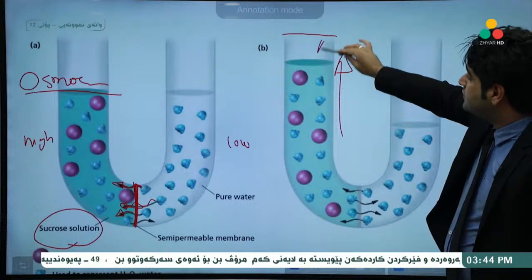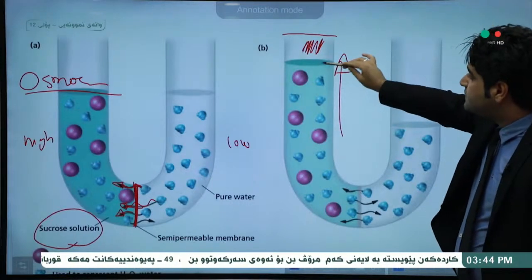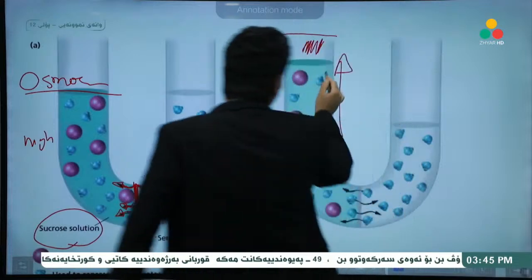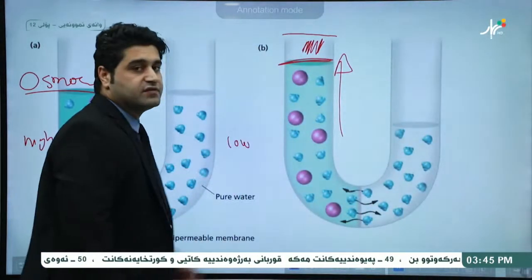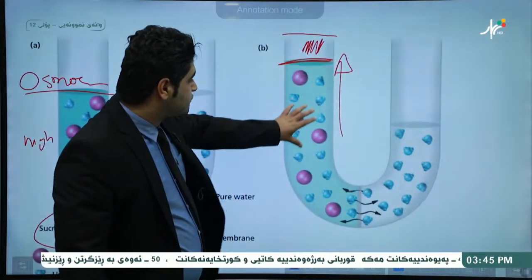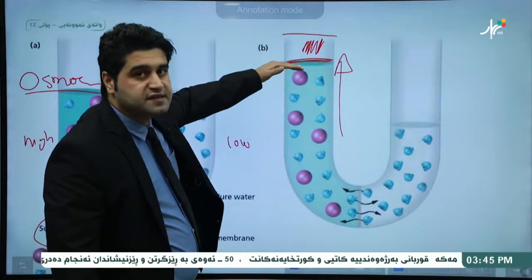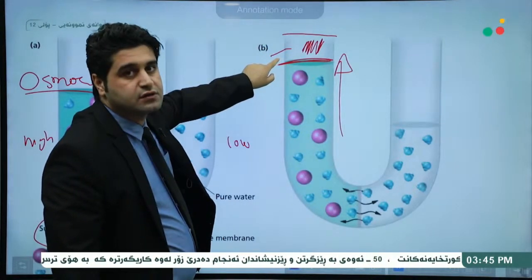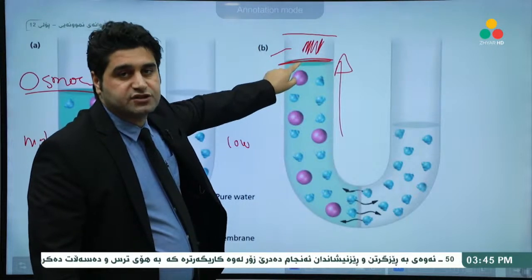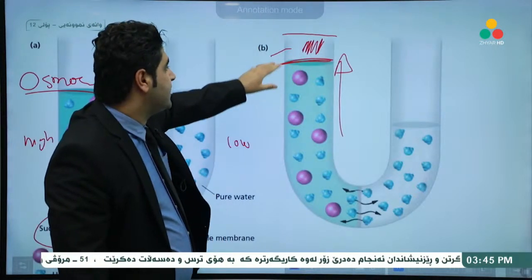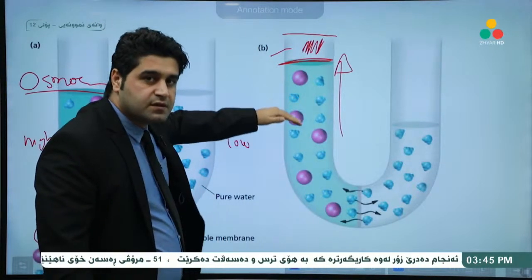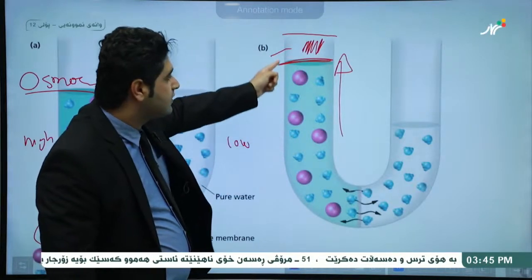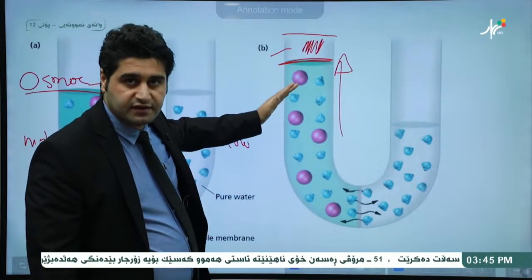That pressure prevents the volume from rising anymore. So the rising level of that aqueous solution will be stopped when we have enough pressure in here. This pressure is called osmotic pressure. What's the osmotic pressure? It's the pressure that stops the osmosis, stopping the level of the solution from rising.